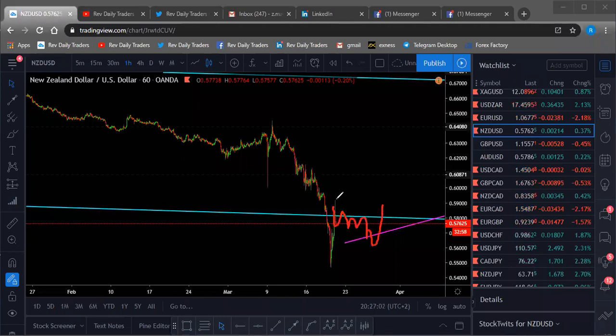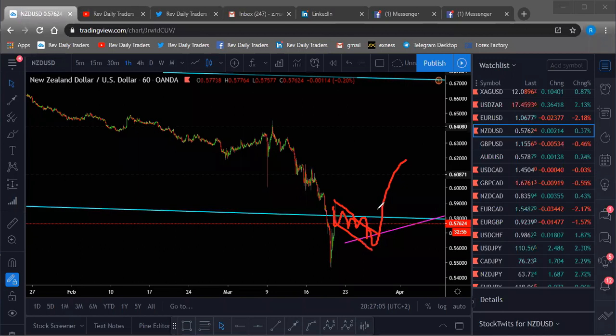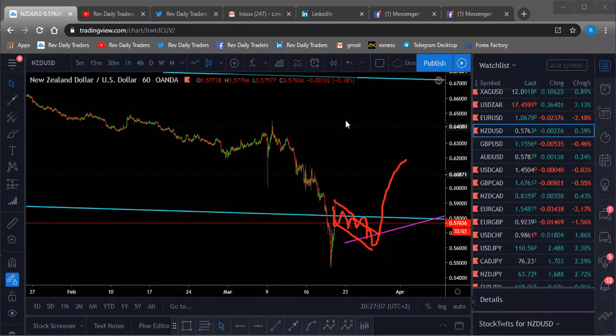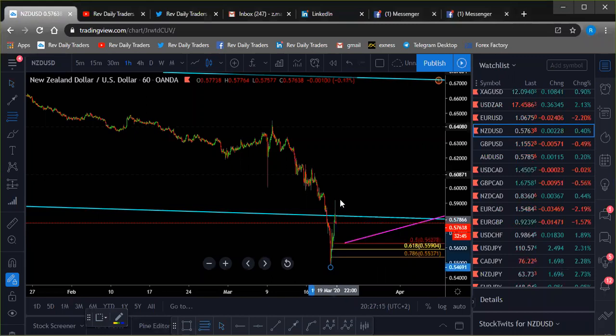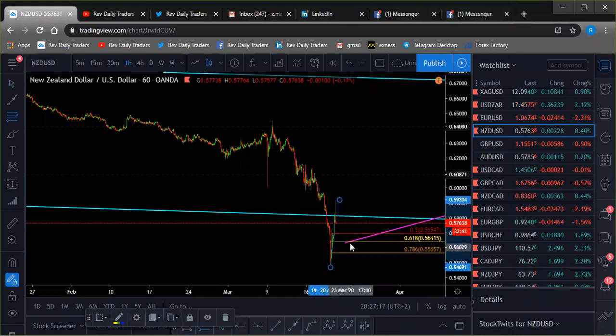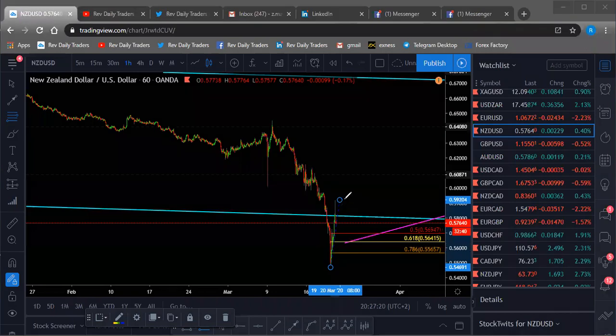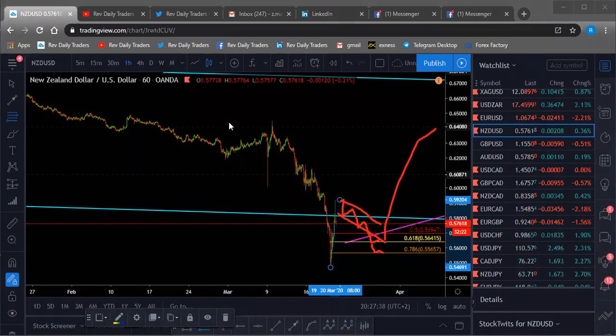It can be slightly deeper, because if you take the Fibonacci and check the 61, it's either going to take the 61 here, or it can break and turn from 78, okay guys? So look for a correction here for us to take this trade.